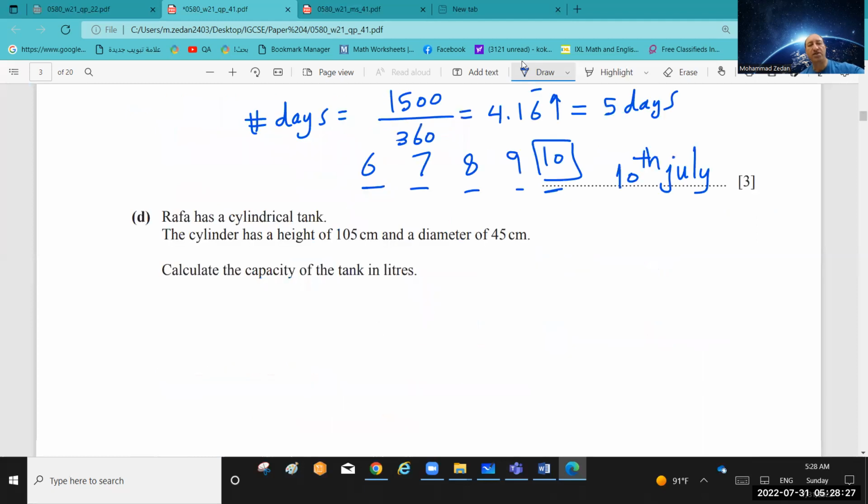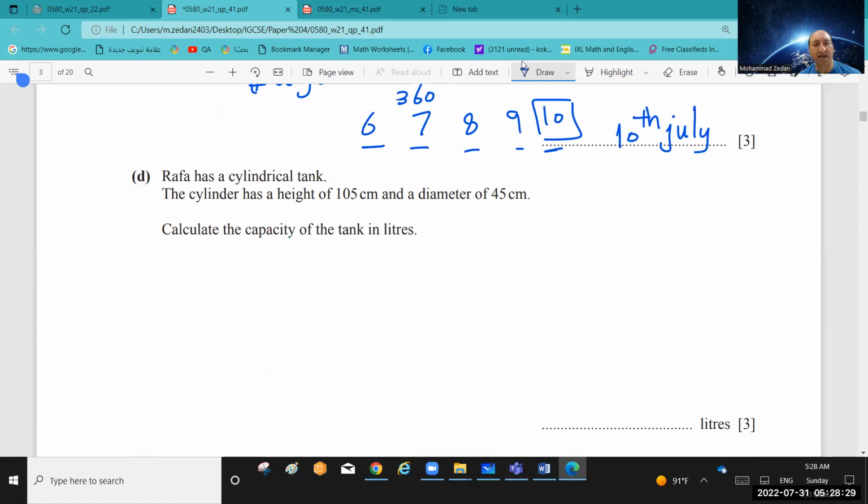Rafa has a cylindrical tank. The cylinder has a height of 105 centimeters and a diameter of 45. We can get the radius first, from the diameter, which is 22.5. Calculate the capacity of the tank in liters. Very easy. The volume of a cylinder is pi r squared h.